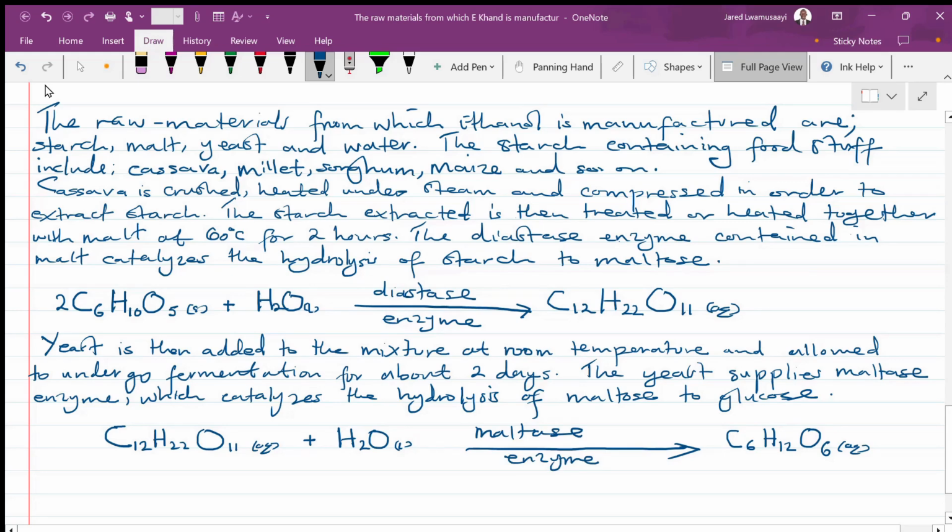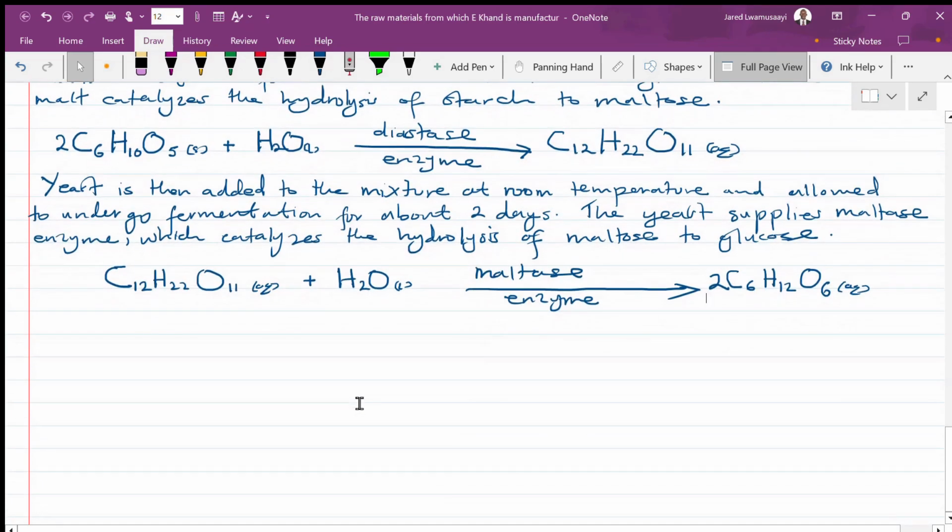And to balance this equation, we just have to put there 2. I say the equations are optional. You may leave them out.